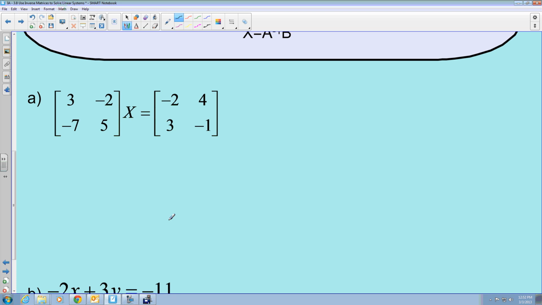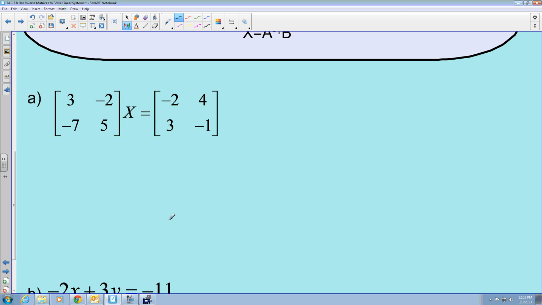I have matrix A, which is 3, -2, -7, and 5, and this is my matrix X. So again, this is going to be a matrix, and we know that it's going to be a 2 by 2 matrix.